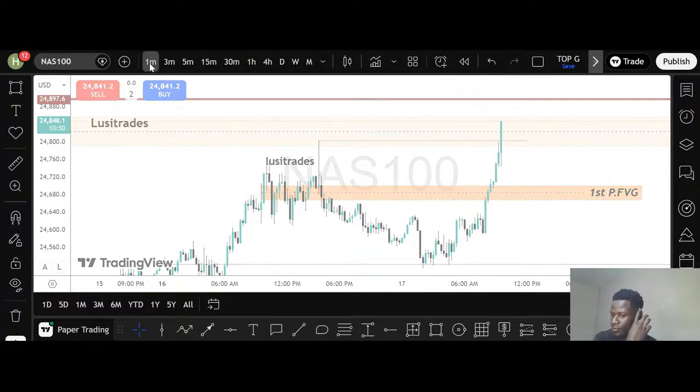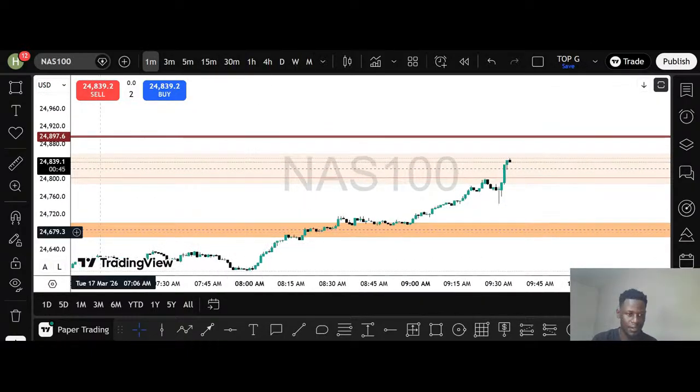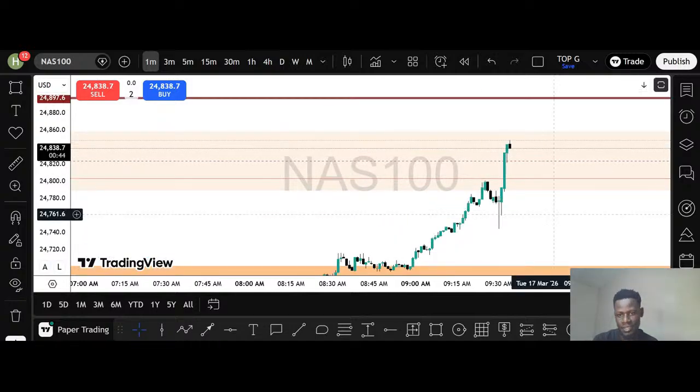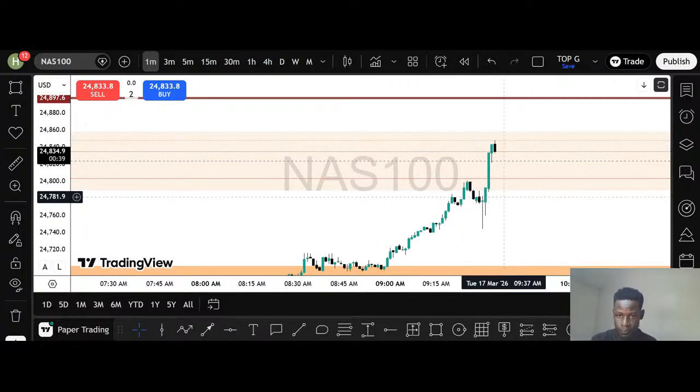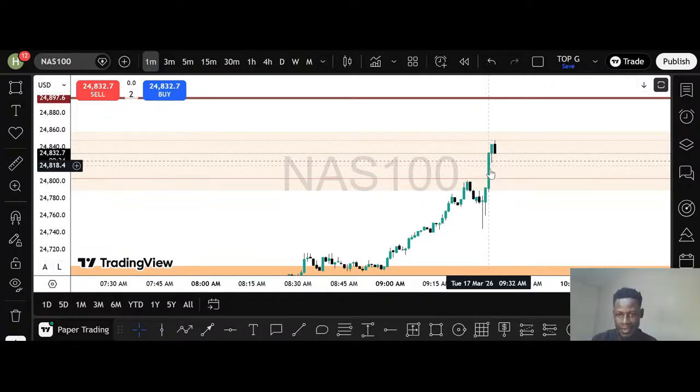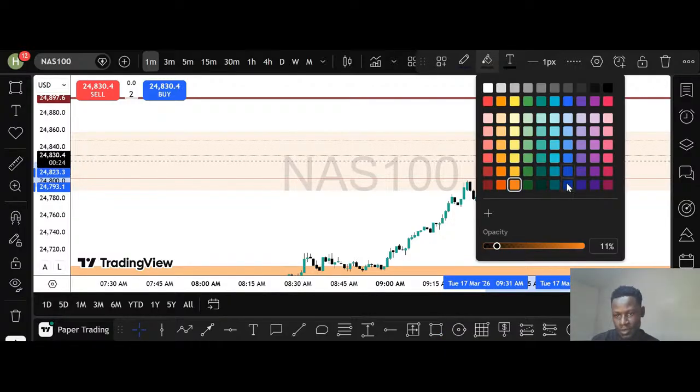So after taking out that high, so 9:31. So I like this to act as our first presented fair value gap. This one here, that's my first presented fair value gap.